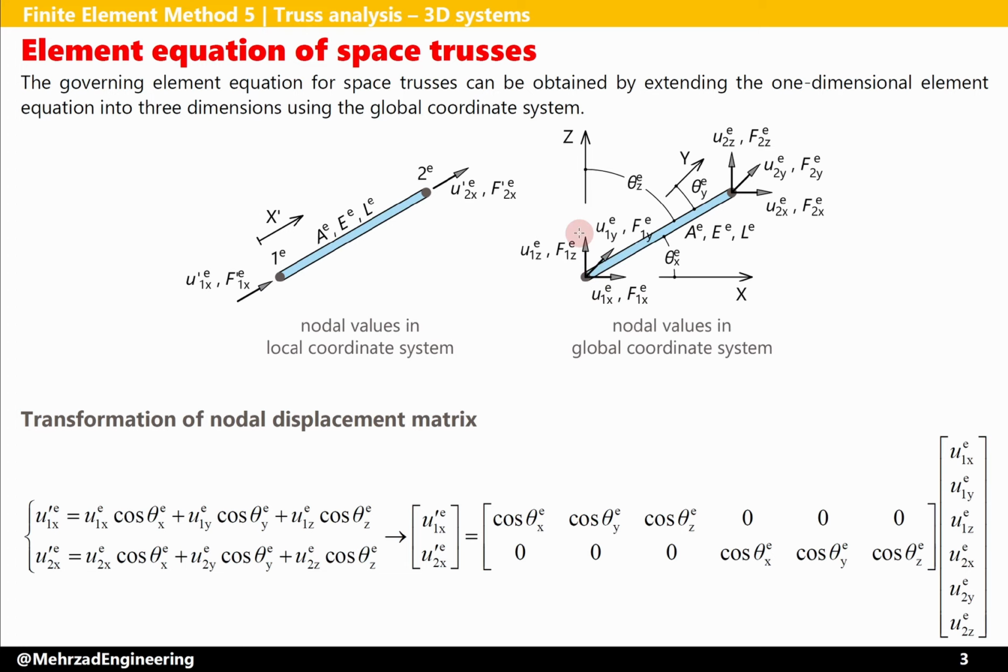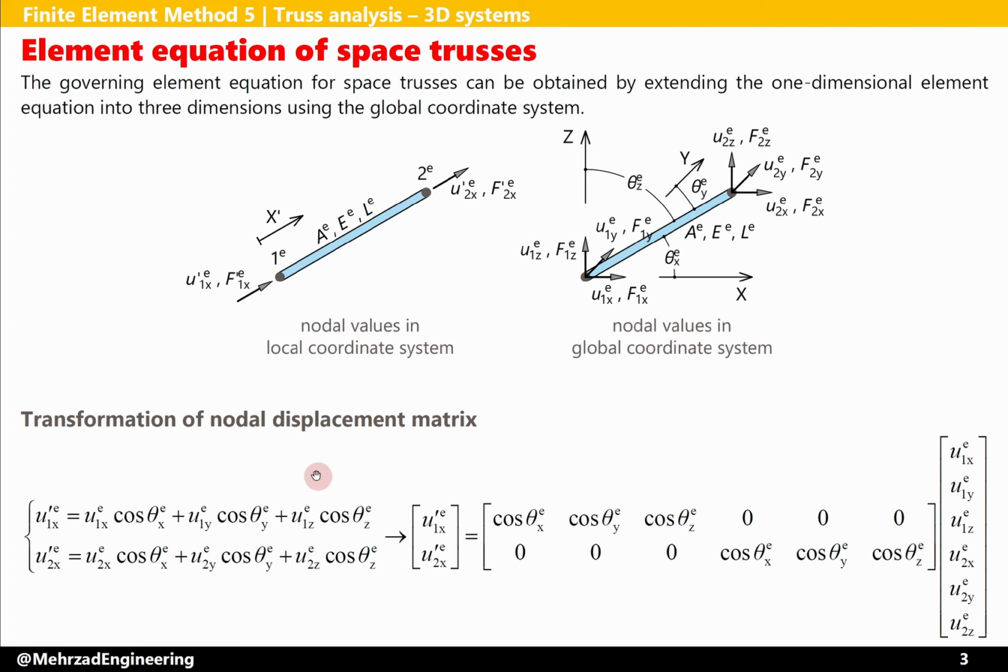Now, the first step to find the element equation of space trusses is finding the relations between nodal values in local coordinate systems and nodal values in global coordinate systems.